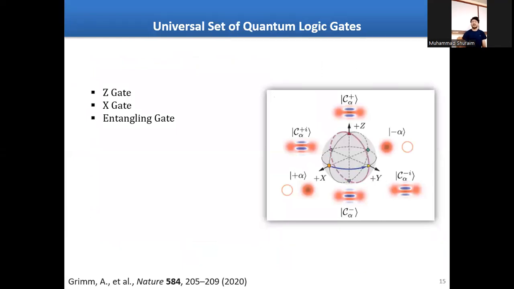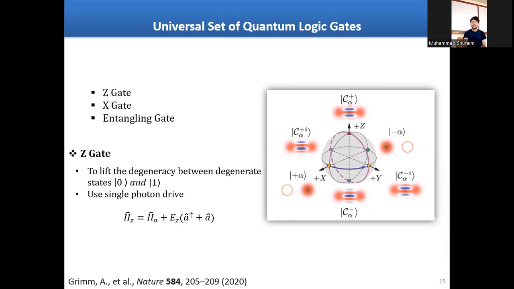So we can use those coherent states, or consequently the cat states, in the computational basis of the Bloch sphere. We can manipulate them. The universal set of gates are the Z gate, X gate, and entangling gate. How do we apply a Z gate?